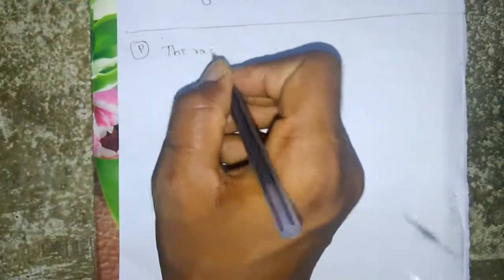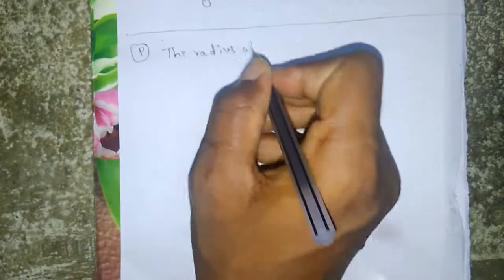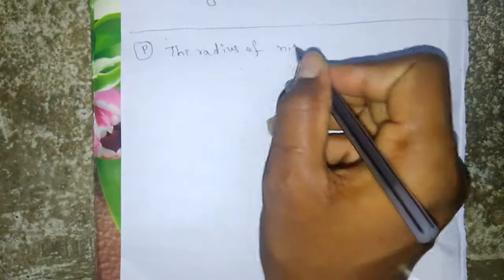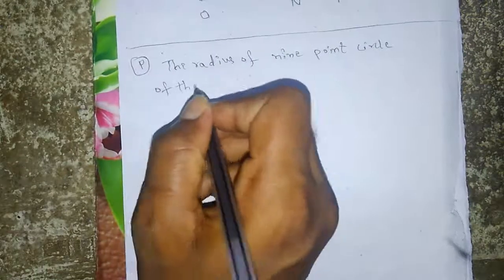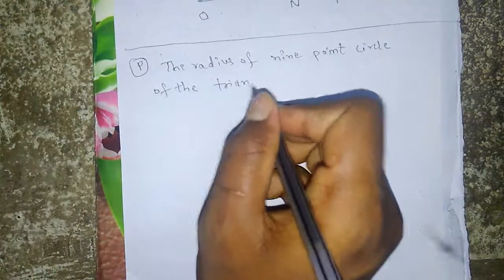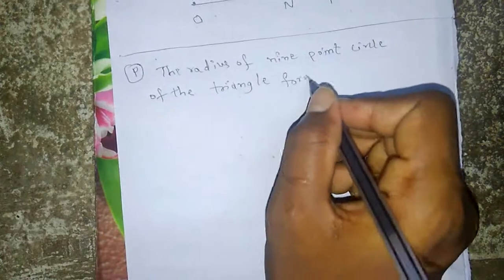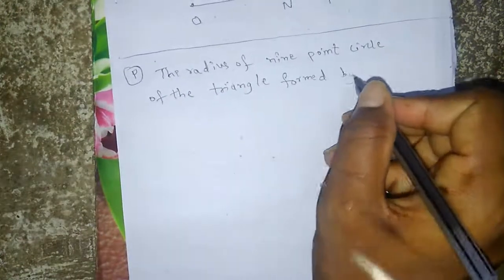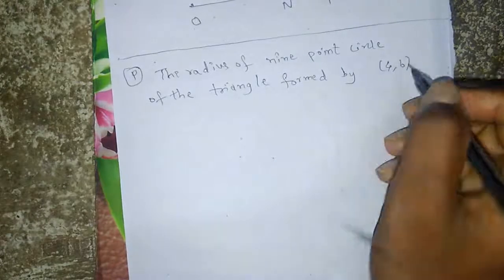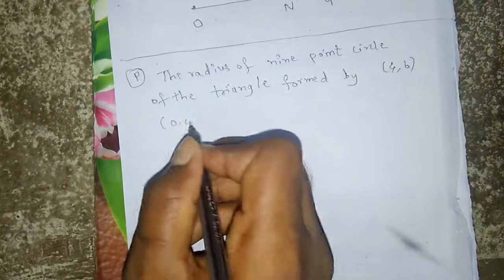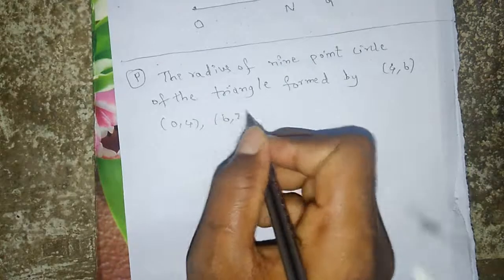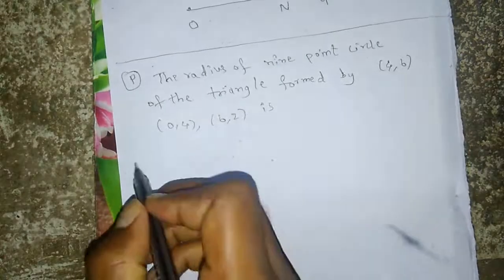The radius of 9-point circle of the triangle formed by vertices 4, 6, 0, 4, 6, 2 is?